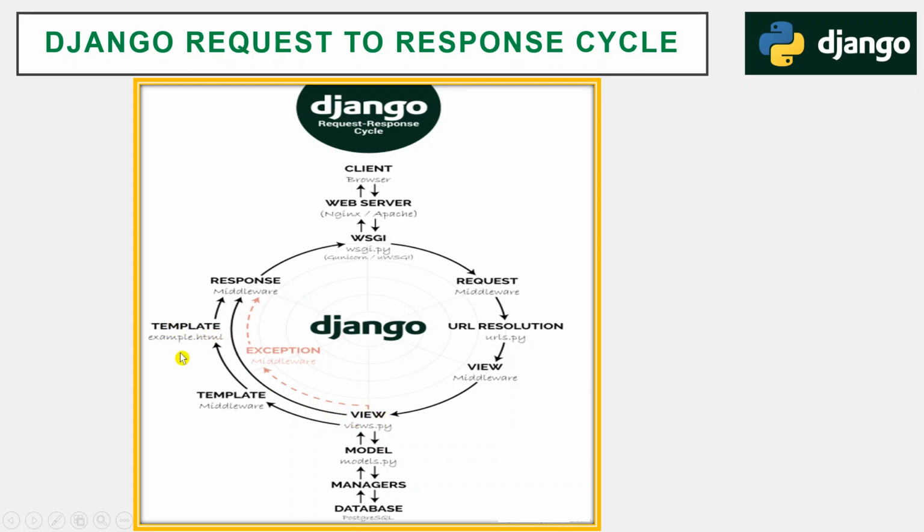The template layer consists of all the HTML files. Then the HTML file will be sent to the web server as a response, and in turn that HTML file will be displayed on the browser. This is the request to response cycle.